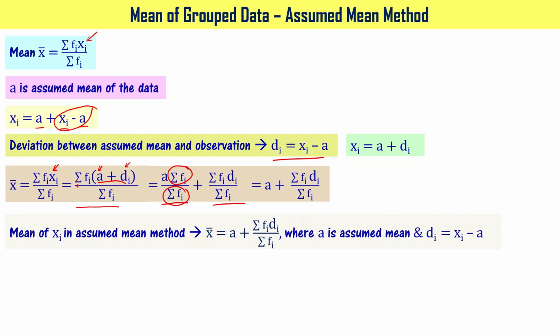Let me write that now. Mean of xi in the assumed mean method is defined as x bar equals a plus sigma fi di divided by sigma fi, where a is the assumed mean. You can assume any of the numbers from your xi, so that di is defined as xi minus a, right?